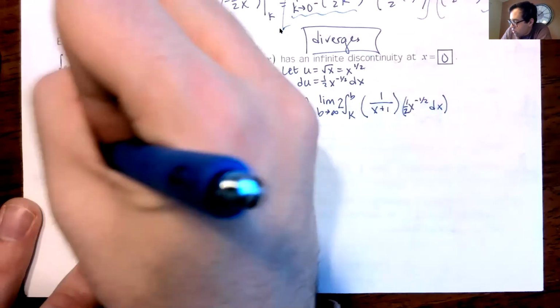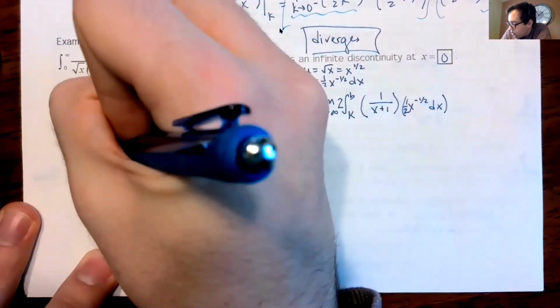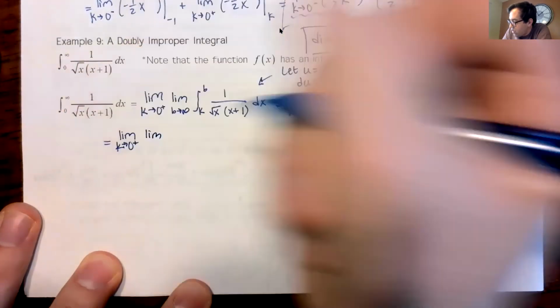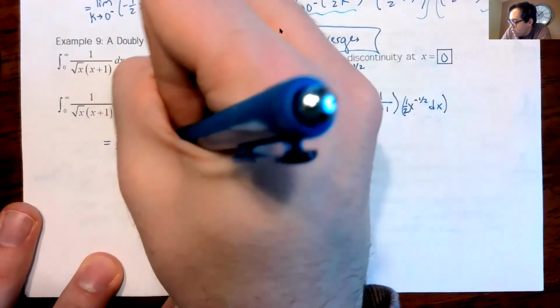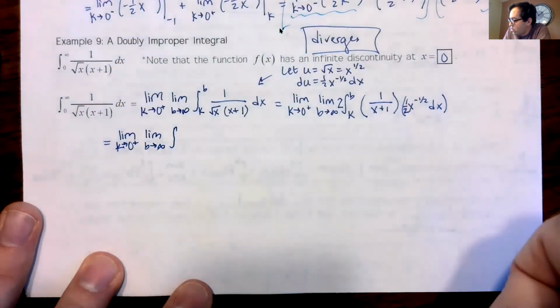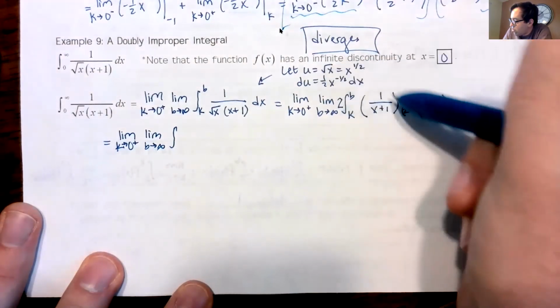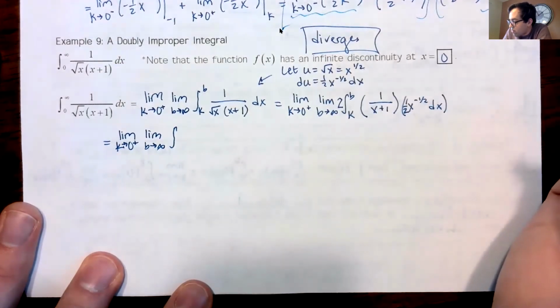So let's try this. So now we're going to have the limit as k approaches 0 from the right, the limit as b approaches infinity. I'm going to come back to the bounds. But 1 over x plus 1, since u was square root of x, we could replace that with u squared.